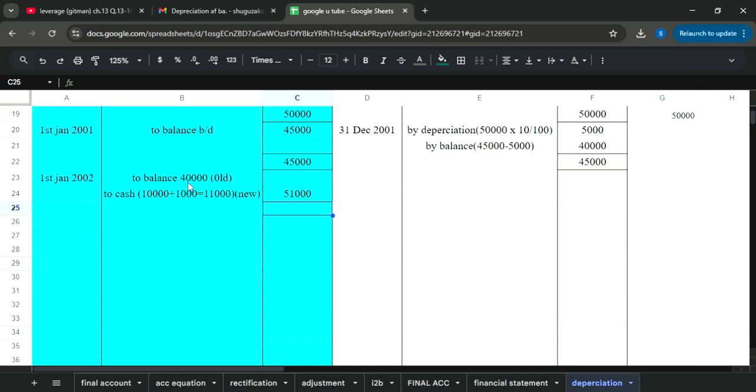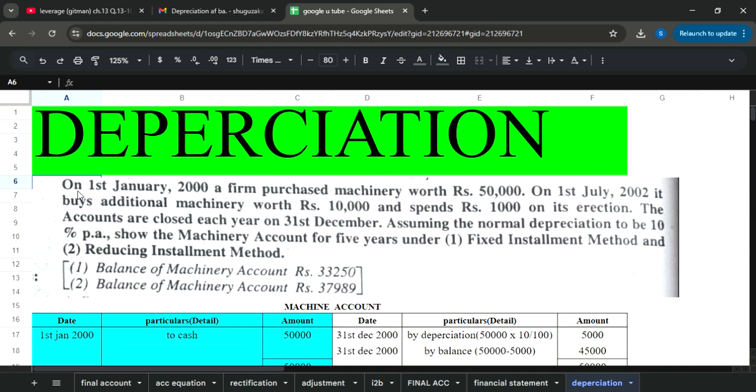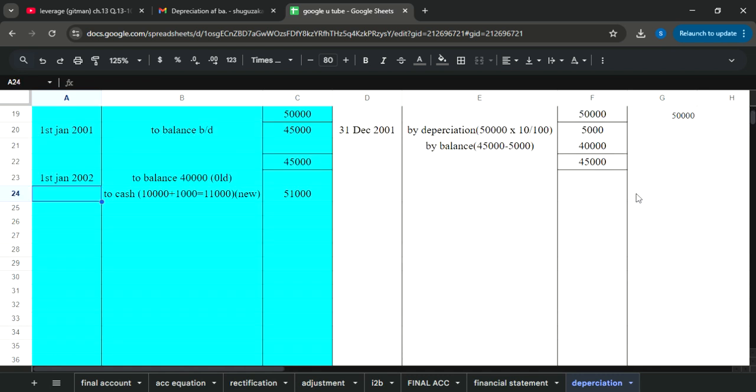Alright guys, 40,000 worth of machine, that is old, 11,000 worth of machine, that is new. But one more thing, you will note down that the date is 1st July 2002. So here 1st July 2002.